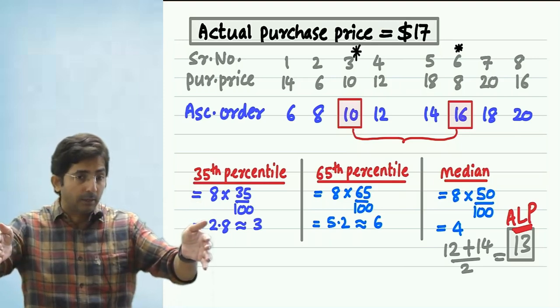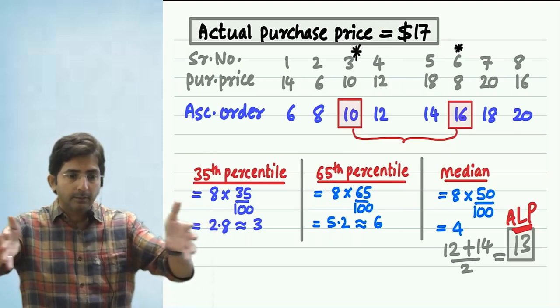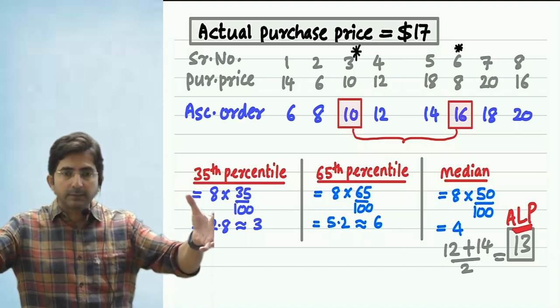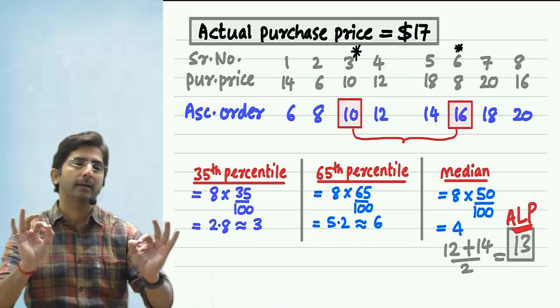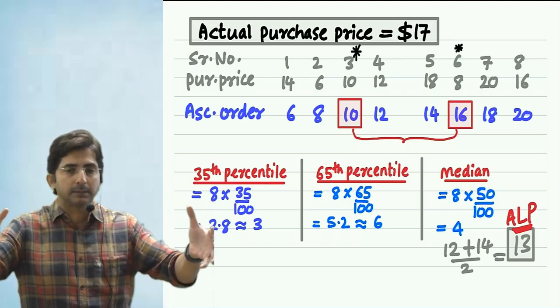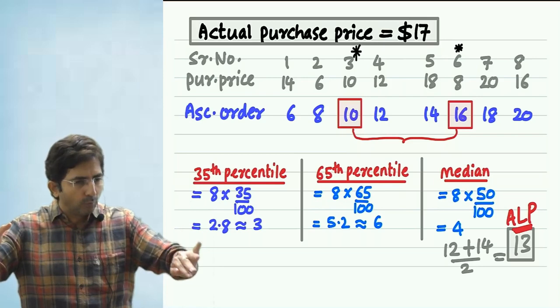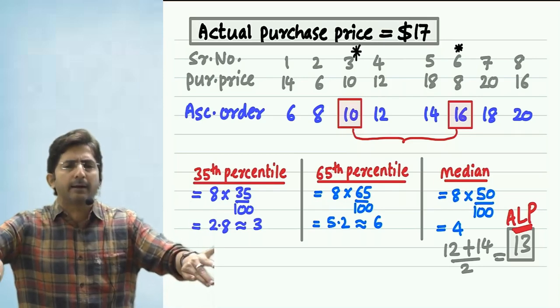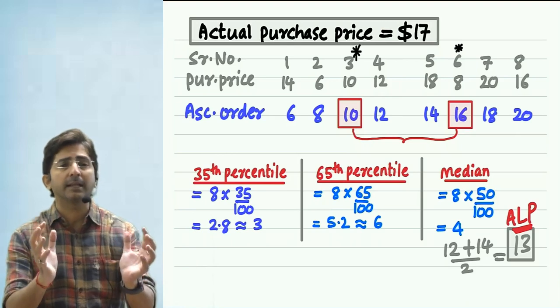Look at my hand, you will understand everything with my hand only. Imagine these are 8 prices. I want to remove the prices which are too low and too high, so that I get a central range.